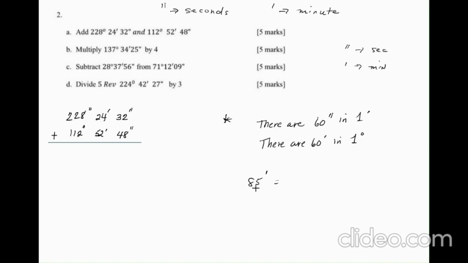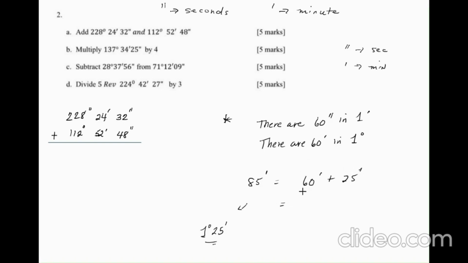If I have 85 minutes, that is actually the same thing as 1 degree, 25 minutes. Now, how did we get that? Because 85 minutes is the same thing as 60 minutes plus 25 minutes.